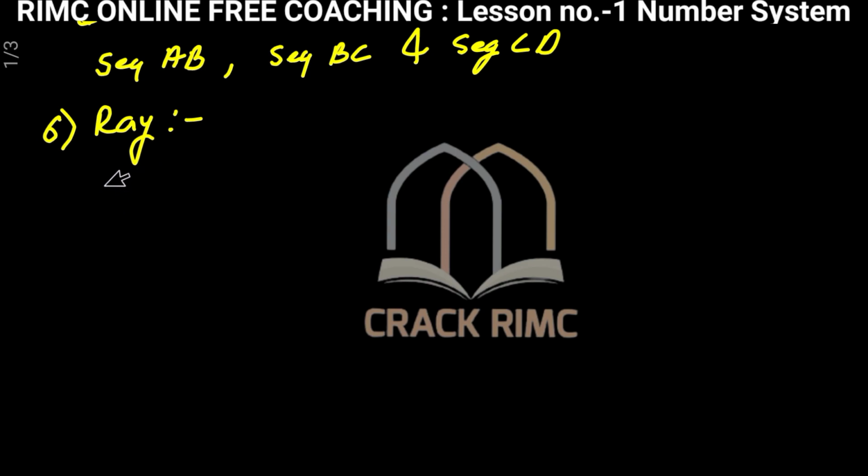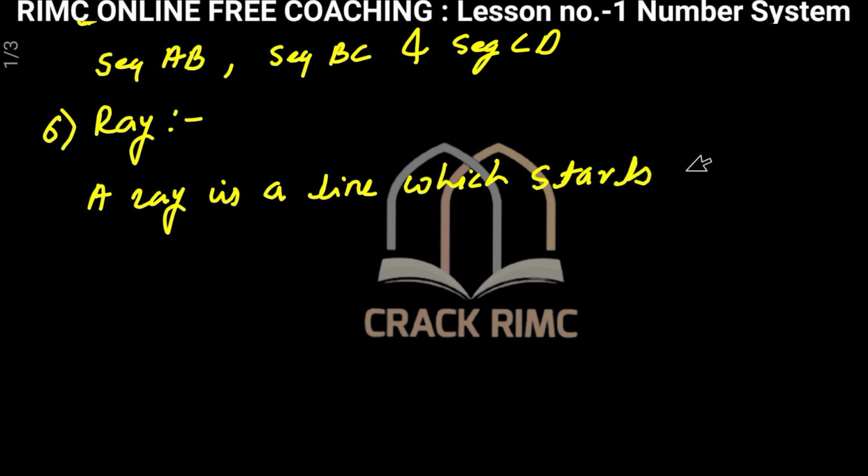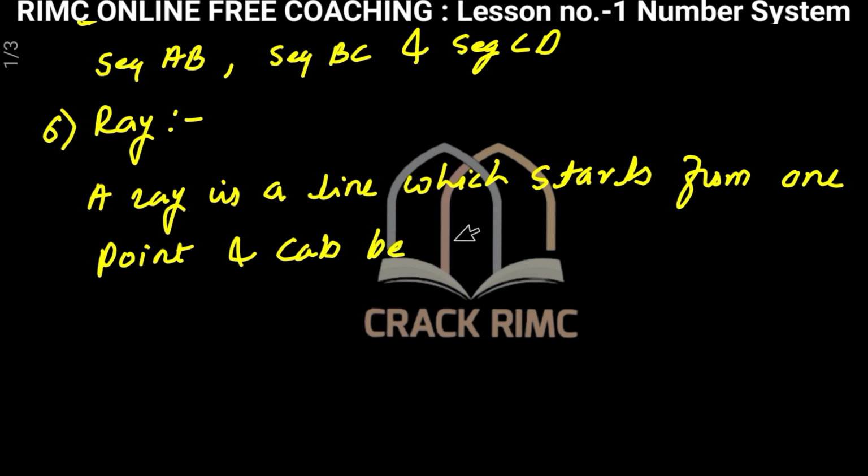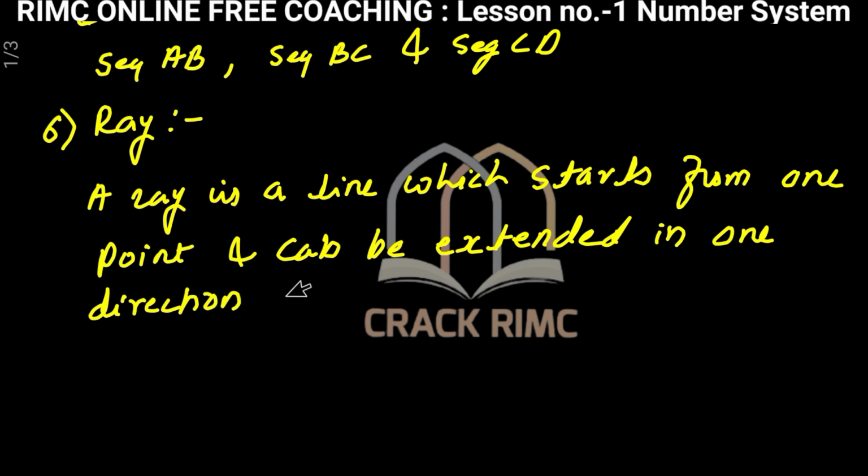What is the definition of ray? A ray is a line which starts from one point and can be extended in one direction only.